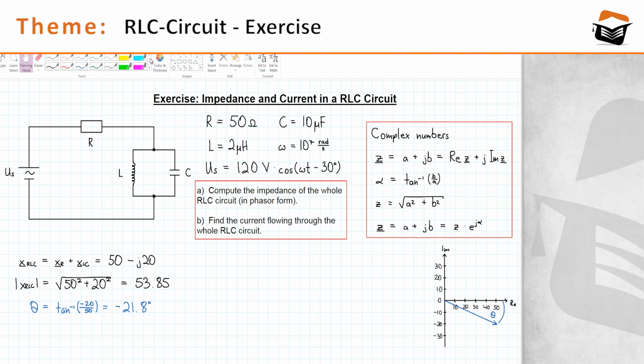In our case, Z underlined RLC is equal to z, the absolute value, which is 53.85, times e to the power of j times minus 21.8 degrees.